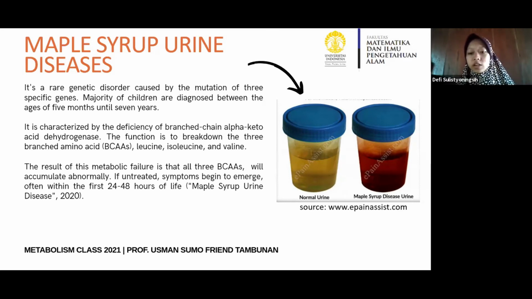In the picture beside, we can compare the urine of sufferers, which has a darker color just like maple syrup, with normal urine. If it keeps untreated, symptoms will begin to emerge, often within the first 24 to 48 hours of life of the newborn baby.